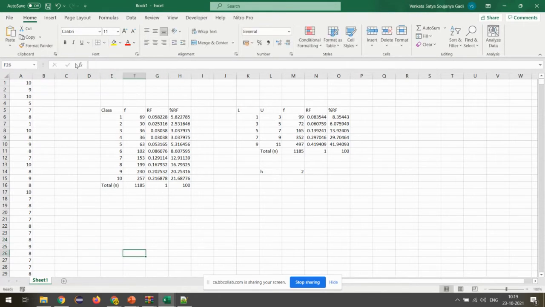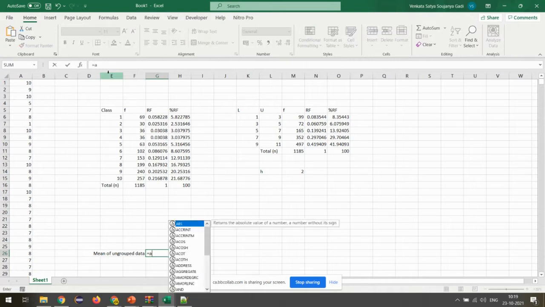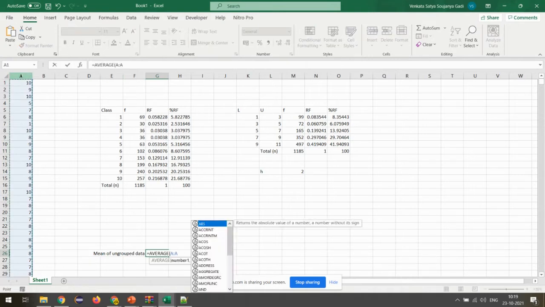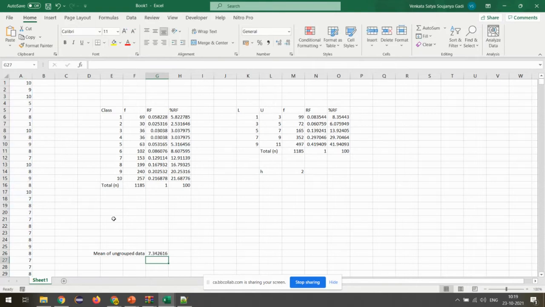The mean of the ungrouped data is equal to the average of the values, which is around 7.3. So now let's try to calculate the same mean for the grouped data.